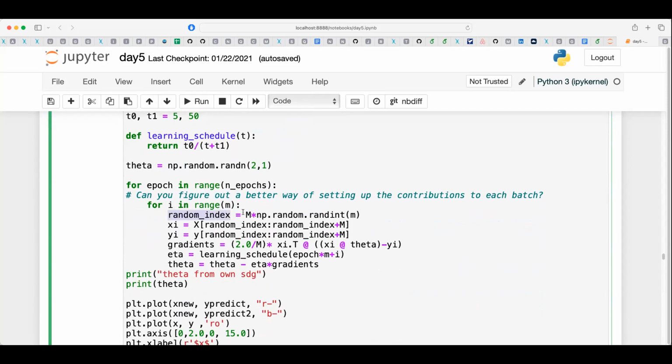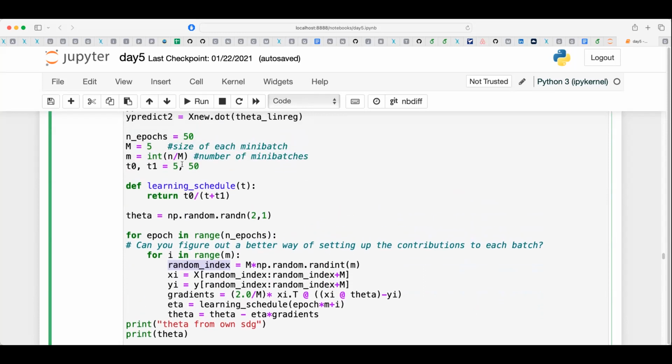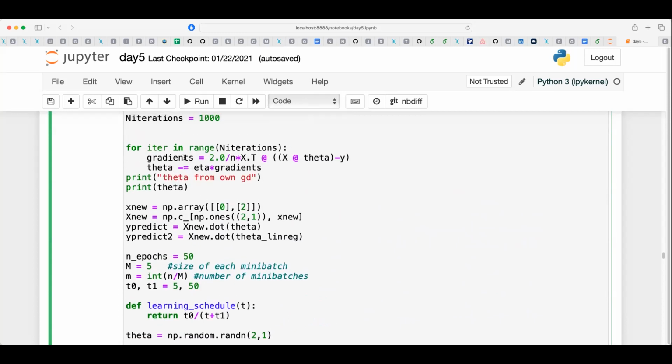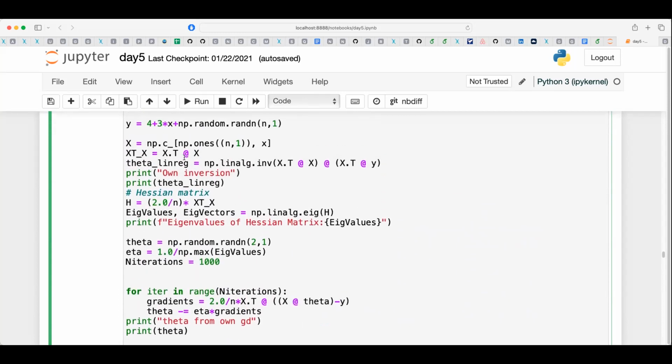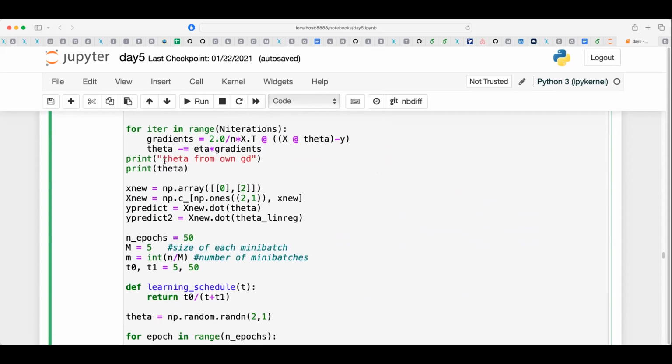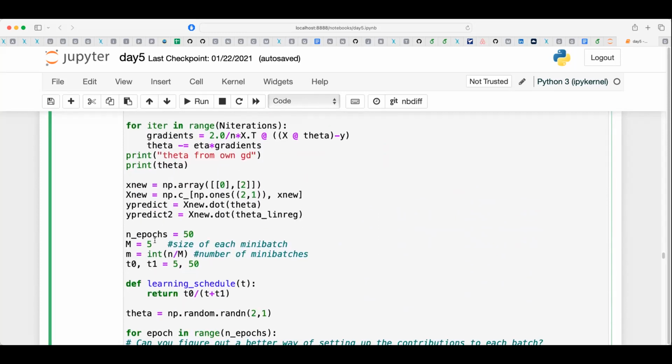And this is the size of a mini batch. And the number of mini batches is the total number of data divided by M. In this specific case, I have defined N, the total number of points, to be 100. So if I divide that by 5 here, I have 20 points in each batch.